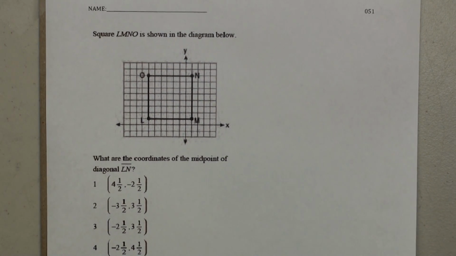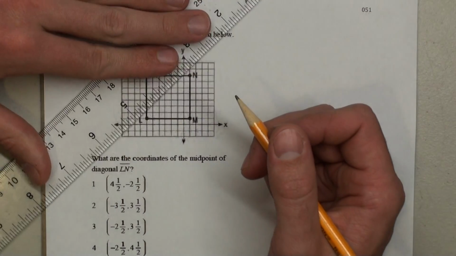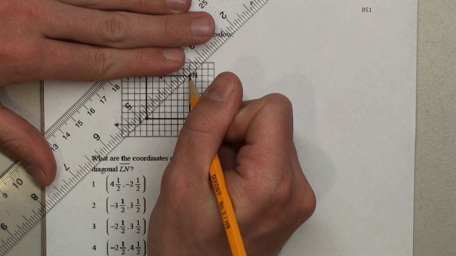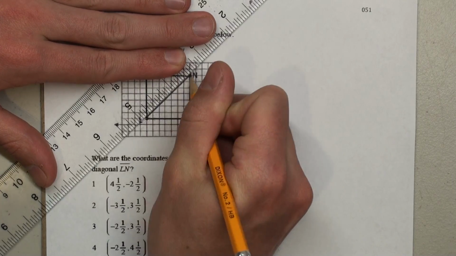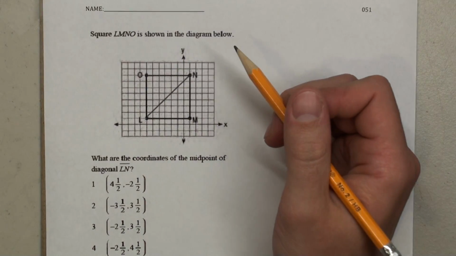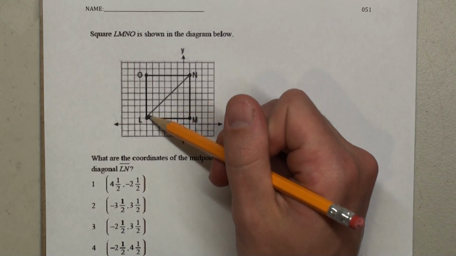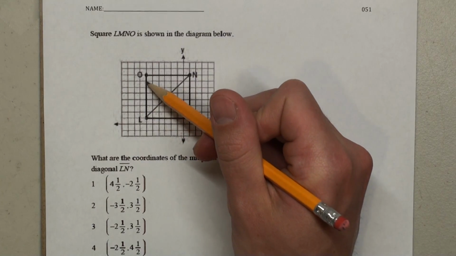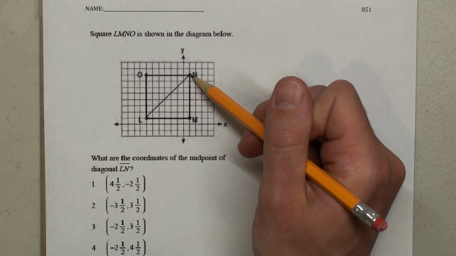We have a square. What are the coordinates of the midpoint of LN? Diagonal LN. Well, it's a square, so I've got to go up 1, 2, 3, 4, 5, 6, 7, and to the right 1, 2, 3, 4, 5, 6, 7.